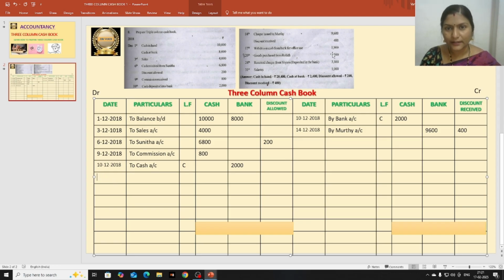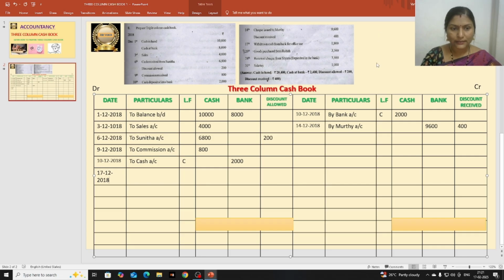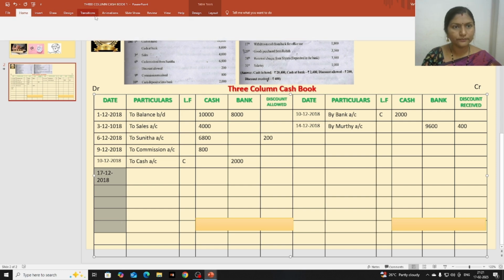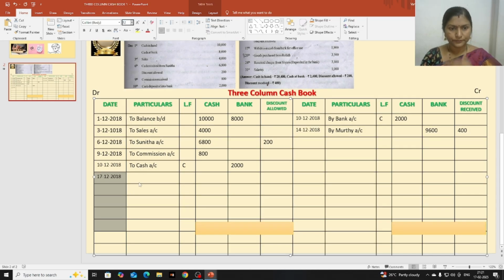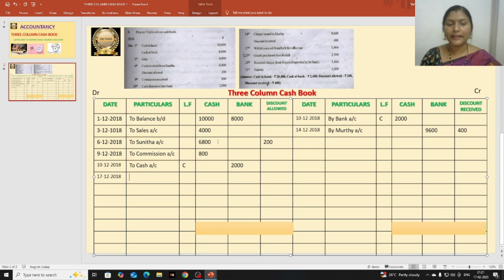What is the date here? 17th. 17-12-2018. I will change this font size. I record a date here. Let us write the item.